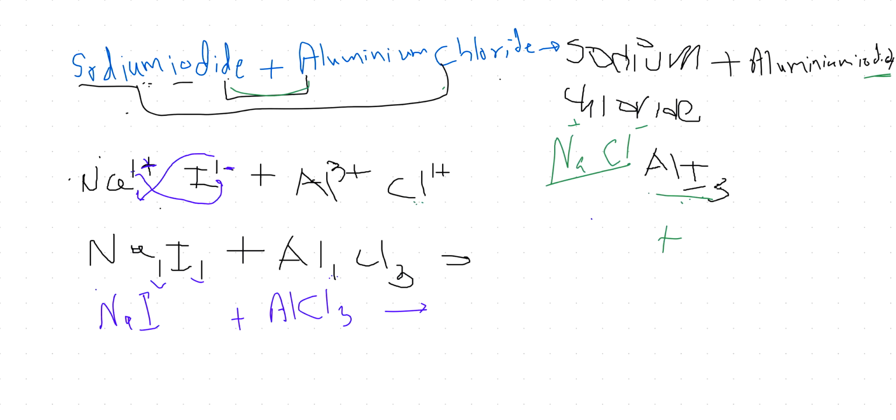I am trying to understand. So first of all, let's focus one by one. Look here. We have to finish this first. So it's sodium chloride, the plus and minus will be neutralized and it will be written like this.